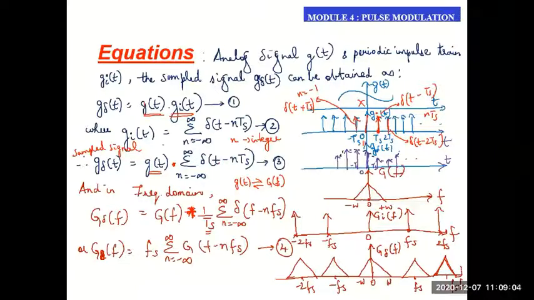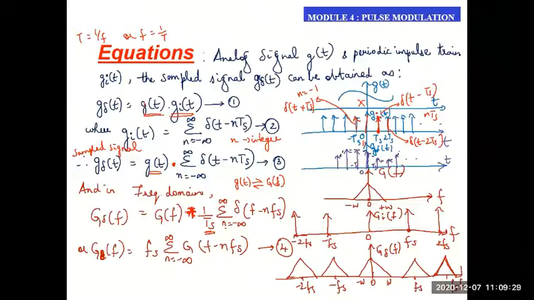Remember, what is the relationship between time and frequency? T is 1 by F or F is 1 by T. So when I convert it to the frequency domain, this part will remain delta F minus nFs. But I will get an added scaling factor of 1 by Ts, which we have written outside.